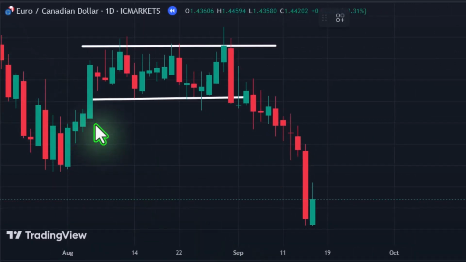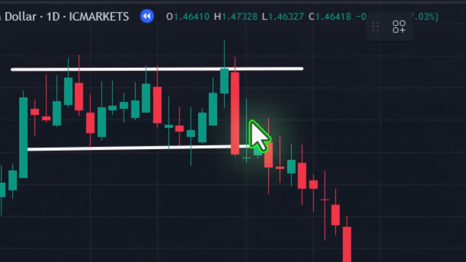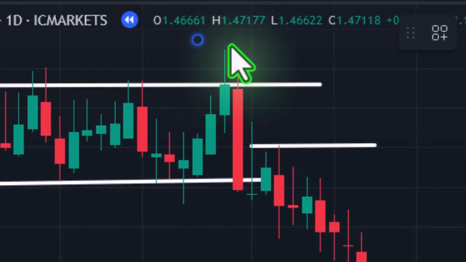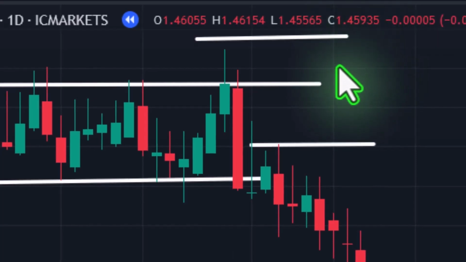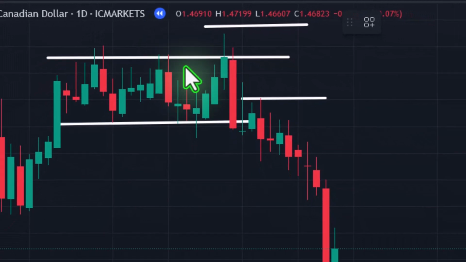Confirm the breakout with increased volume, like I've showed you. Then determine your entry, your stop loss, and the take profit level. If you are trading in the range, you buy at support and sell at resistance within the range.